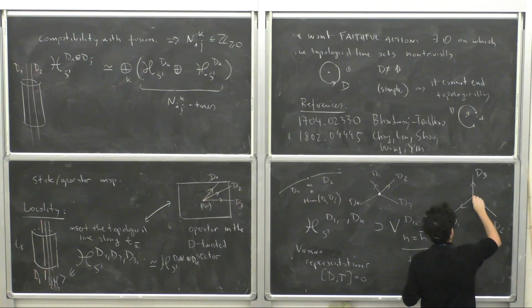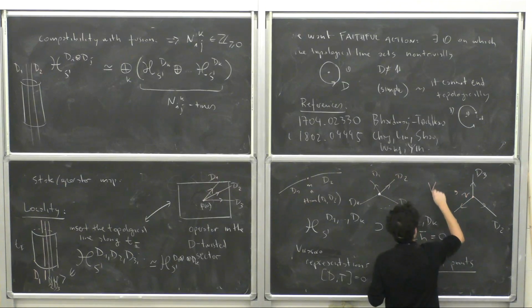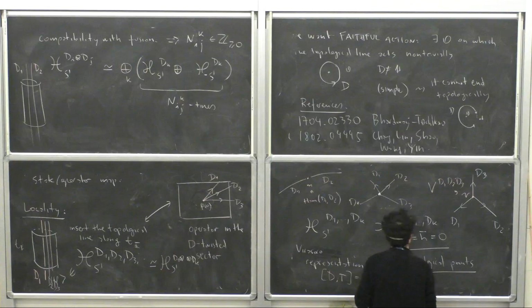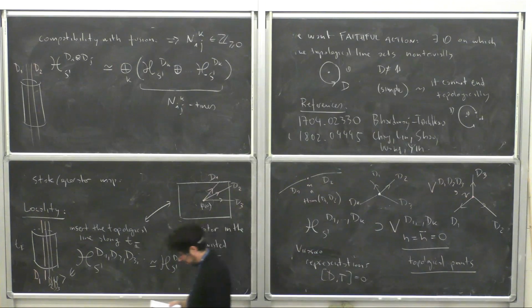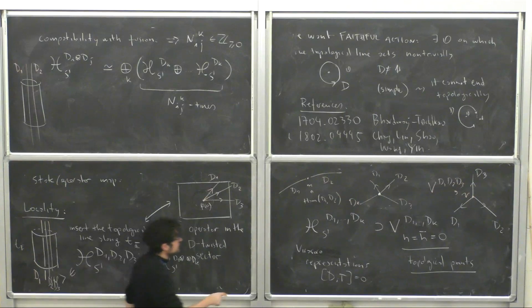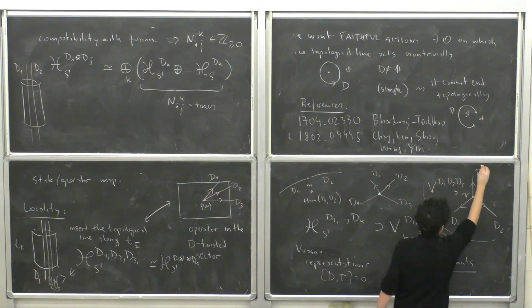So these ones will be points in this Hilbert space. Computing these allows us to understand the structure that generalizes group multiplication.